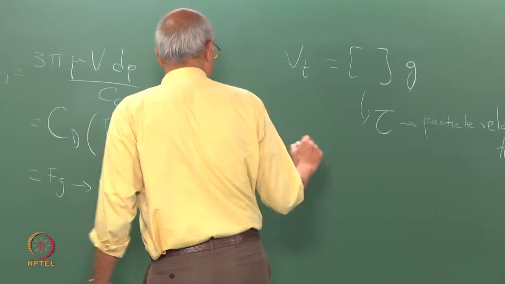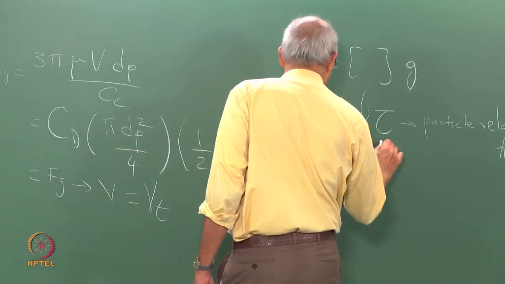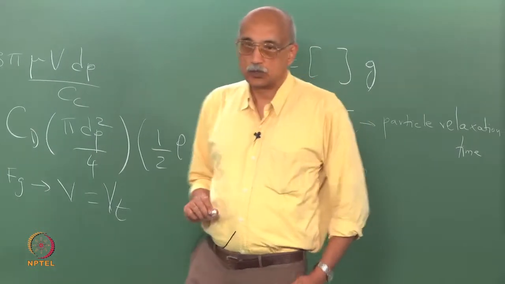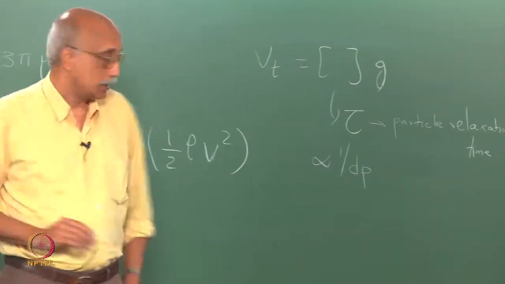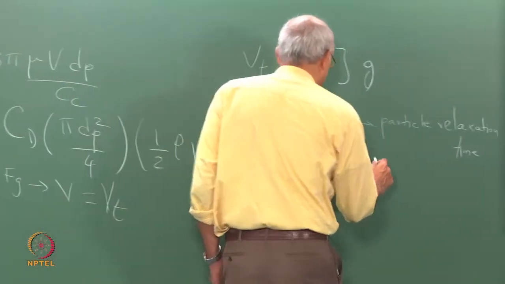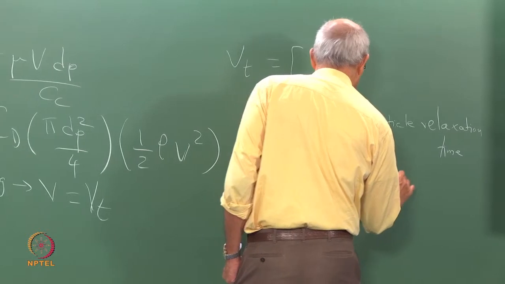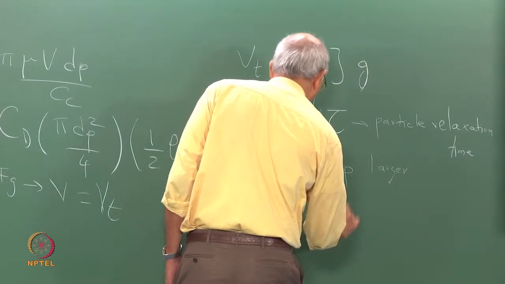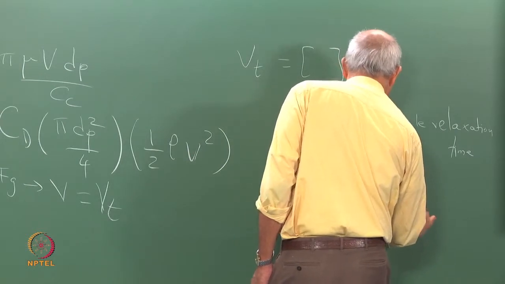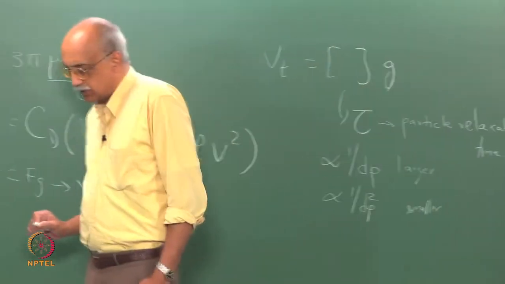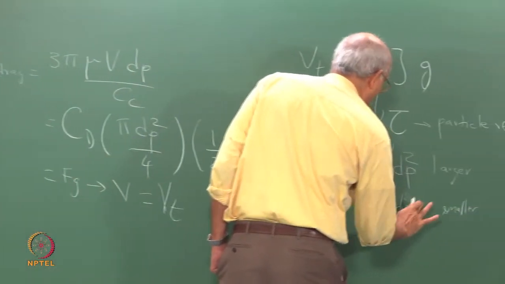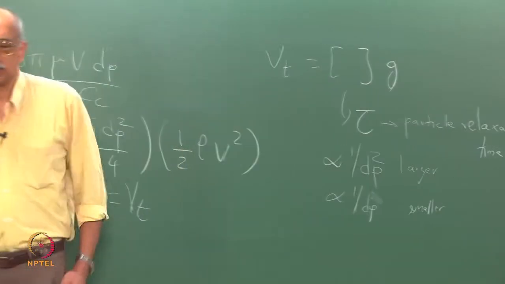You will also find that Vt is proportional to 1 over dp in the regime of larger particles, and it is proportional to 1 over dp squared for smaller particles. Now, sorry, it is the other way around. It is 1 over dp squared for larger and 1 over dp for smaller.